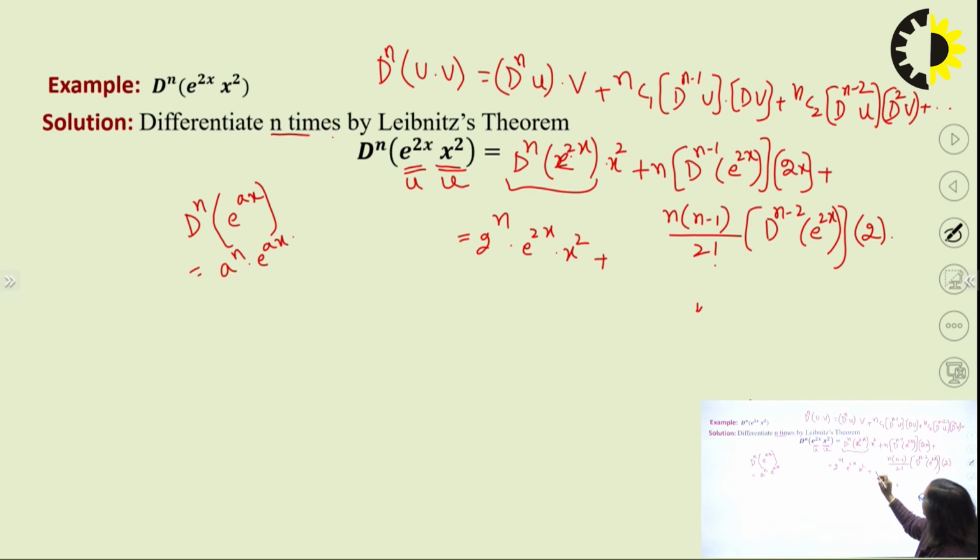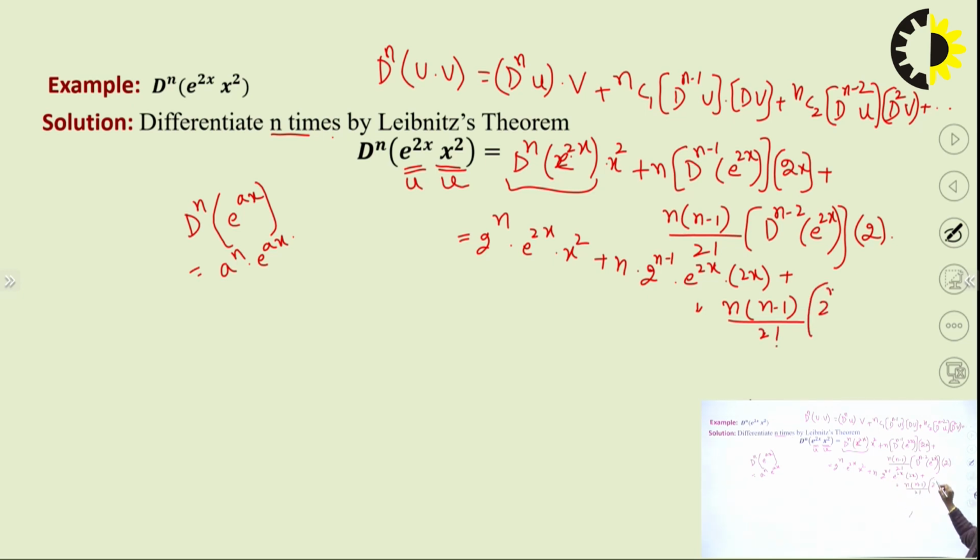So plus n as it is, this will become 2 to the power n minus 1 into e to the power 2x into 2x as it is, plus the next term n into n minus 1 by factorial 2. For the n minus 2th derivative, this will become 2 to the power n minus 2 into e to the power 2x into 2, and this 2 cancels with the 2 over here.